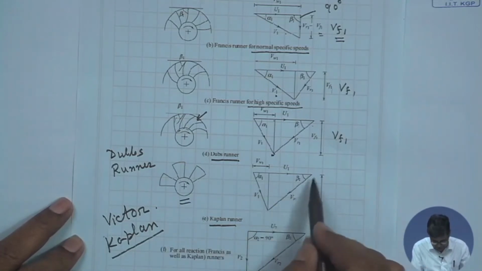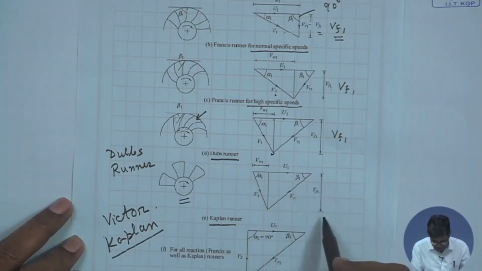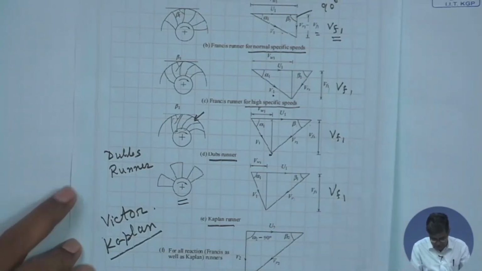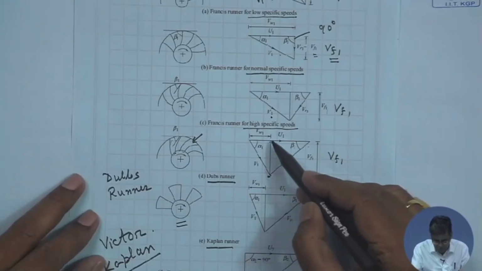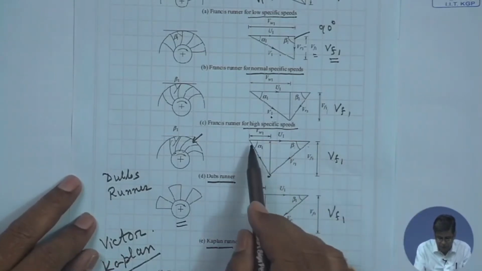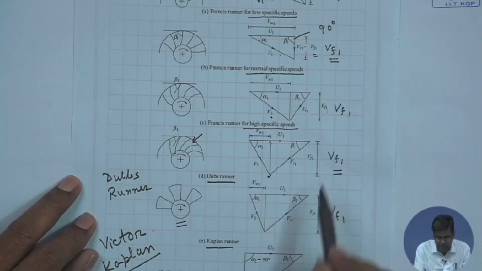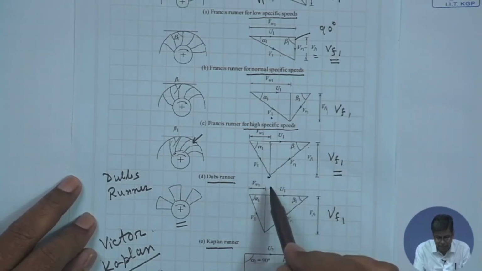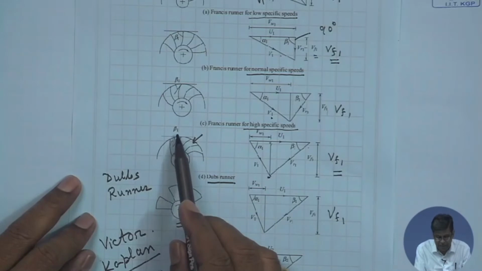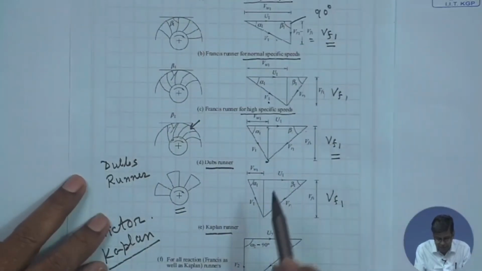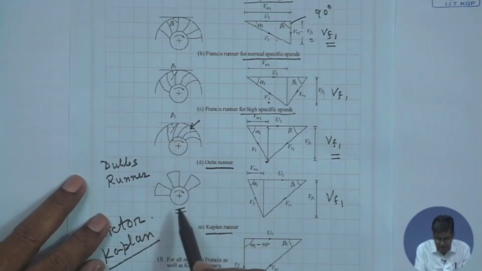Here you see in a Kaplan turbine, this is Vf1, the flow velocity, which is very high. But the difference from the other one is the flow velocity here, which is perpendicular to the tangential direction. At the inlet it is tangential, and at the outlet it is radial, but it may be axial in case of Dove's runner.